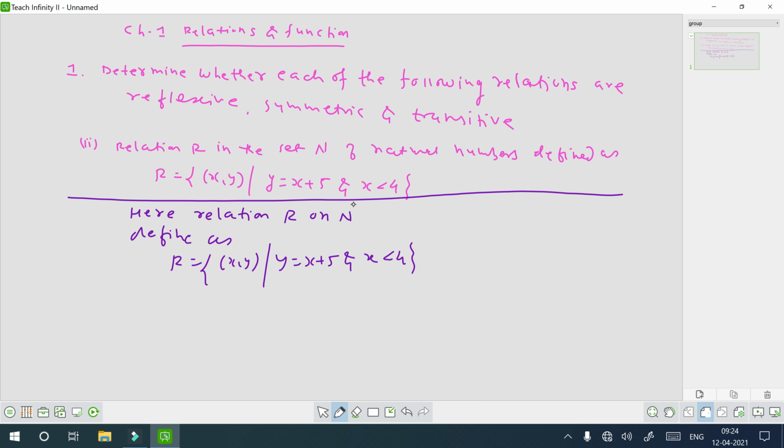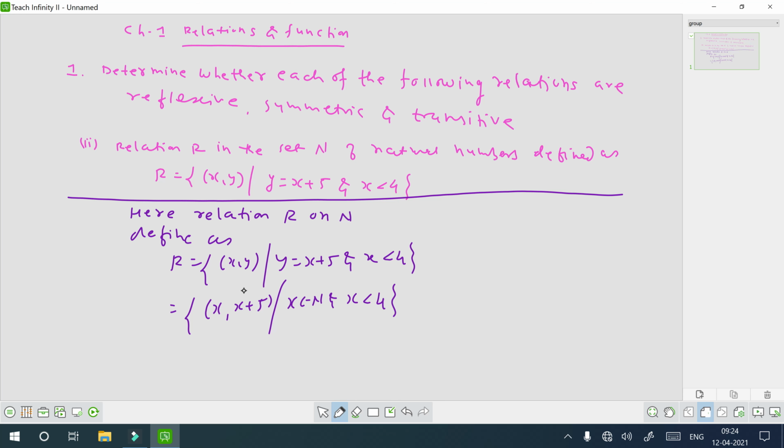Clear? So can we write that as R = {(x, x + 5)}, because y is nothing but x + 5, where x belongs to N and x is less than 4.